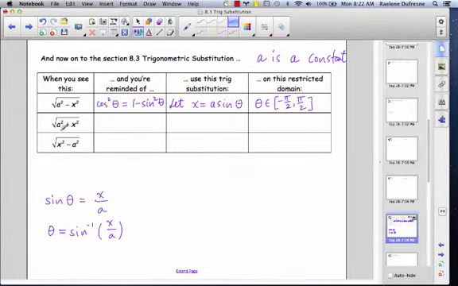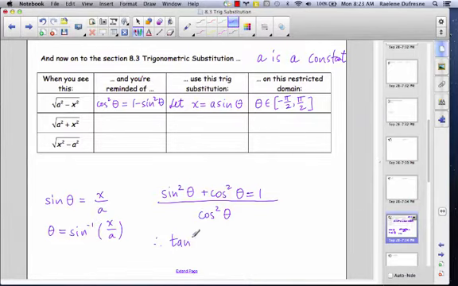In the next case, when we see the square root of a squared plus x squared, that reminds us of another trig identity. Namely, if we have sine squared theta plus cosine squared theta equal to 1, and we divide everything by cosine squared theta, this gives us the trig identity tangent squared theta plus 1 is equal to secant squared theta.